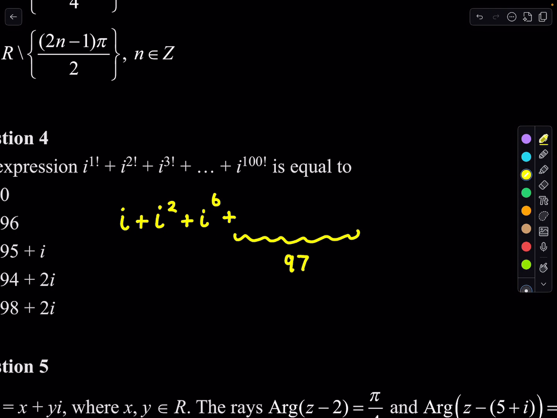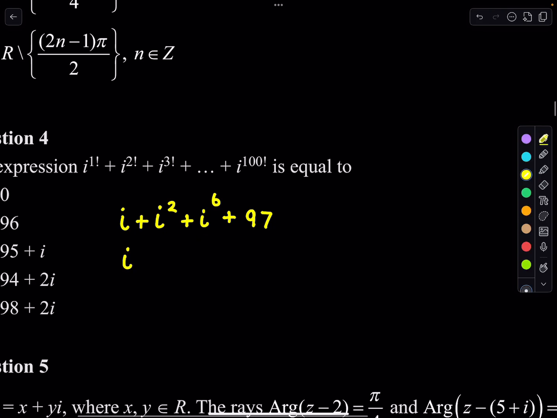You know how they're all going to be 1? Like i to the power 4 factorial is 1, or i to the power 5 factorial, it's also 1. So imagine going to 100. There's going to be 97 of them till you reach 100, because remember, you already have 3 here, and the total is 100. So the other ones are going to be 97. That actually simplifies to 97.